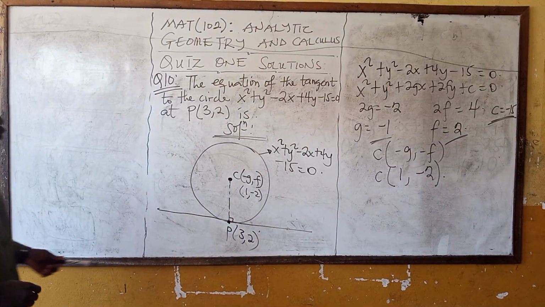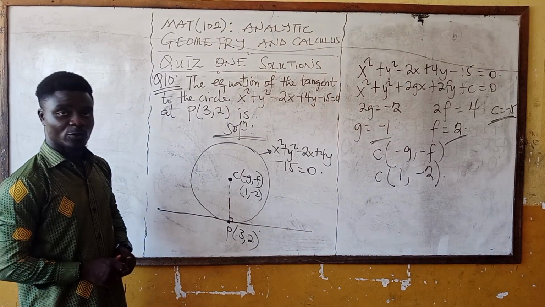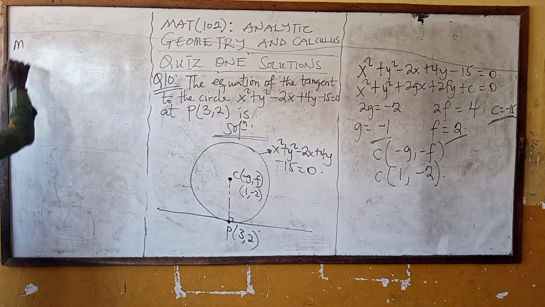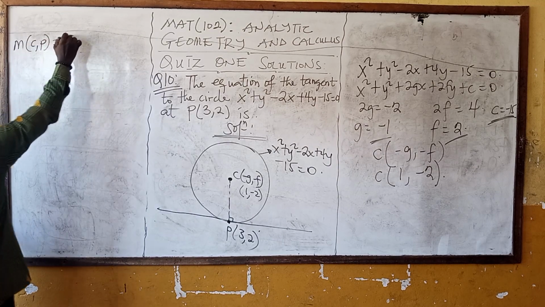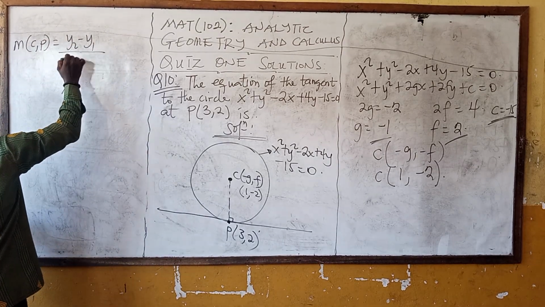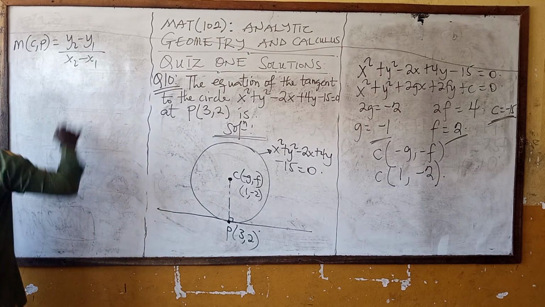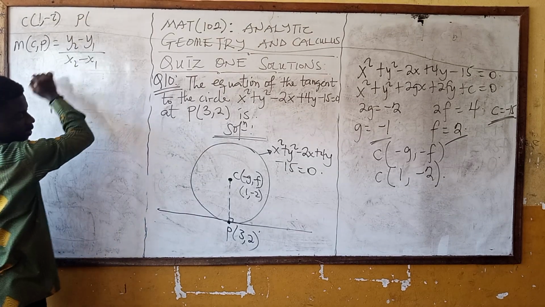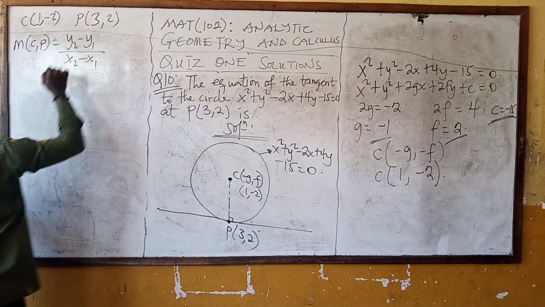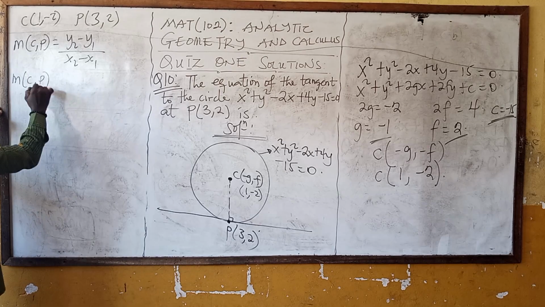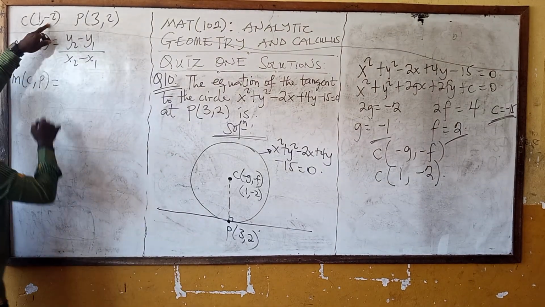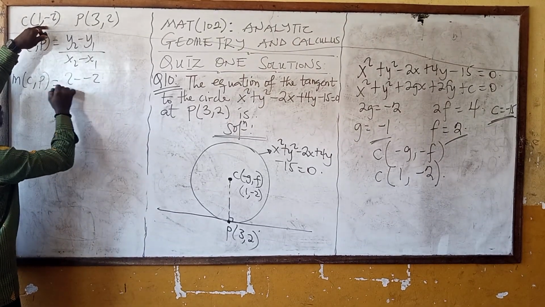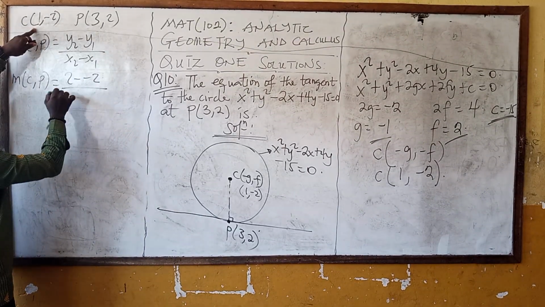So we use this point and this point to find the gradient. The gradient of CP is y2 minus y1 over x2 minus x1. So we have point C(1, negative 2) and point P(3, 2). So the gradient of CP must be equal to 2 minus negative 2 divided by 3 minus 1.